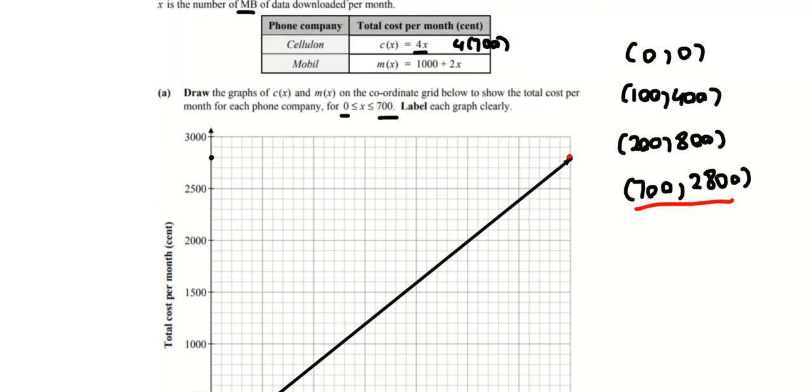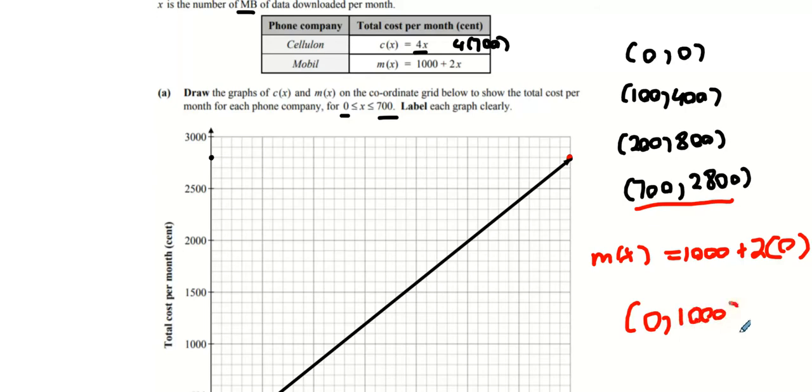Now, for the other one, which is M of X, it's going to be 1000 plus 2 times your data. So if the data is 0, it's going to be 1000 plus 2 times 0, which is 1000. If we then do 700, it's going to be 1000 plus 2 times 700, and 2 times 700 is 1400. 1000 plus 1400 is 2400.